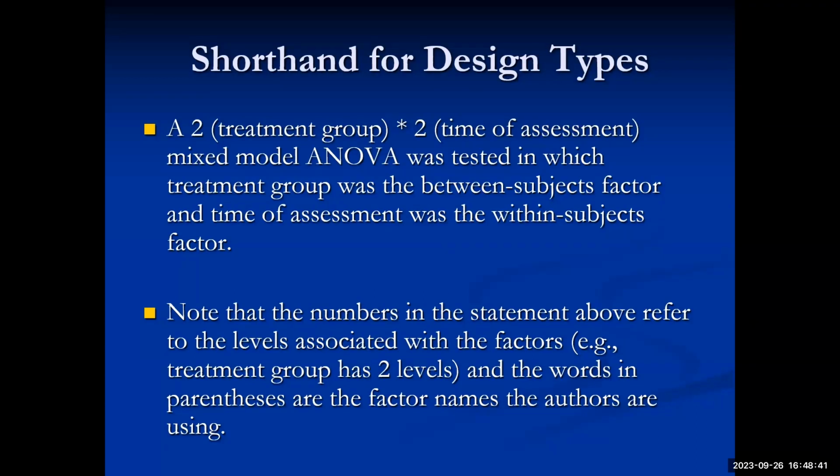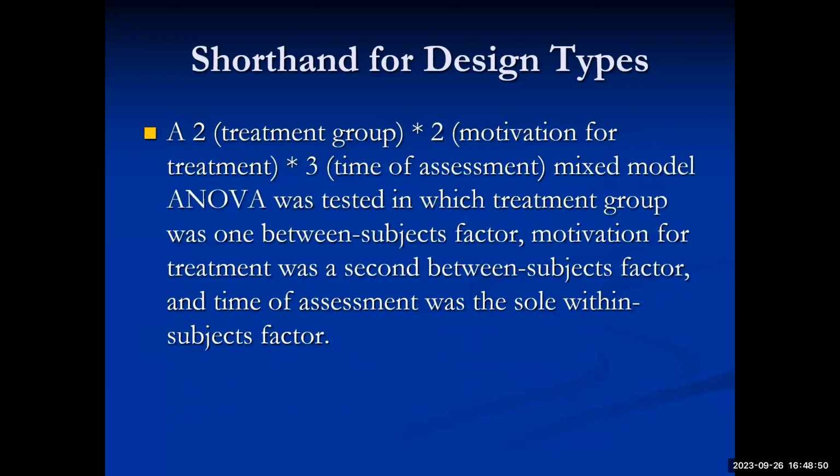For example, there are 2 levels of the treatment group factor, and the words in parentheses are the factor names the authors are using. And then finally, we might see a statement like, a 2 treatment group by 2 motivation for treatment by 3 time of assessment mixed model ANOVA was tested, in which treatment group was 1 between subjects factor, motivation for treatment was a 2nd between subjects factor, and time of assessment was the sole within subjects factor.